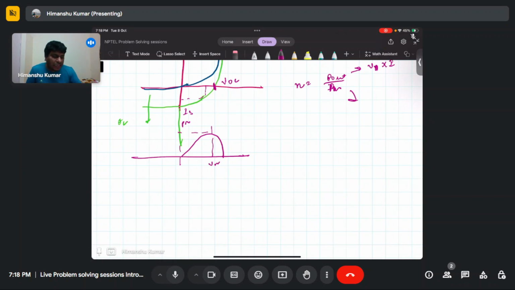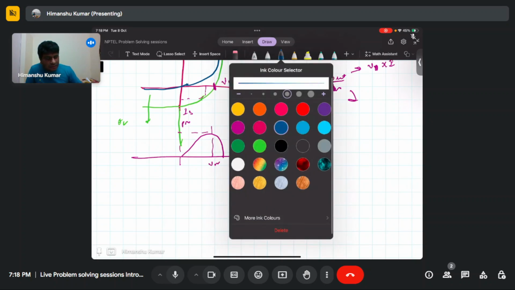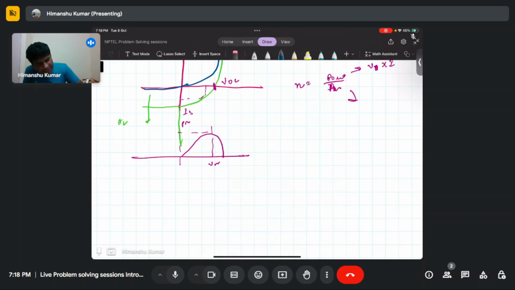The best point lies in between, so your efficiency depends on how large a rectangle you can fit within this IV characteristic.